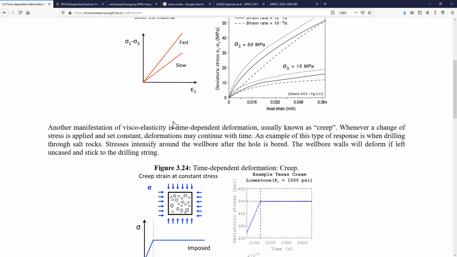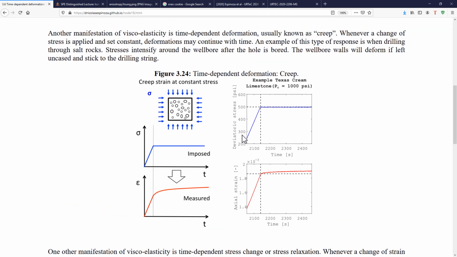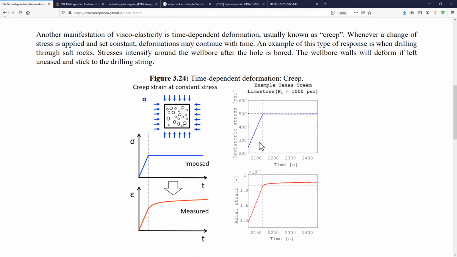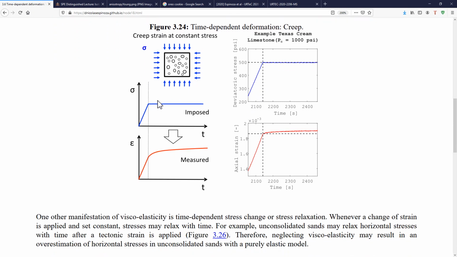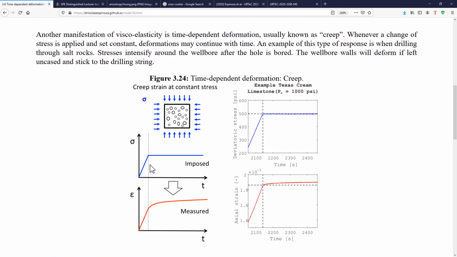Let me start with this one, which is probably the one that you know better. Whenever we impose a load onto a material, we would expect that as soon as we finish applying a load, we will see an instantaneous deformation.